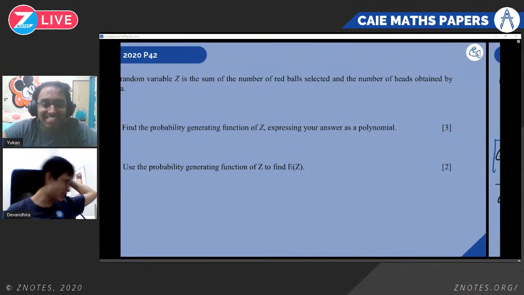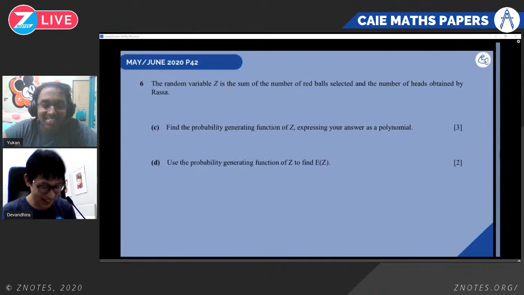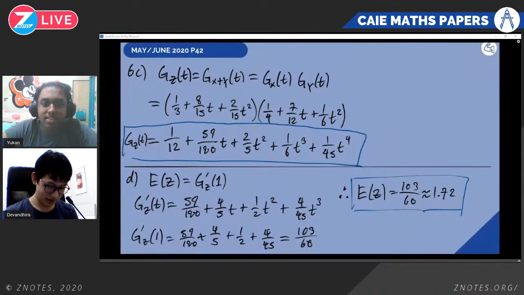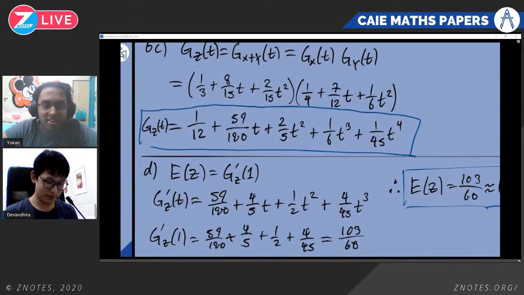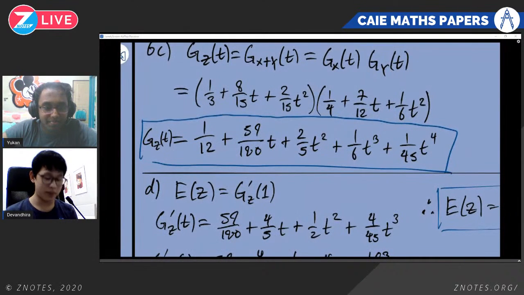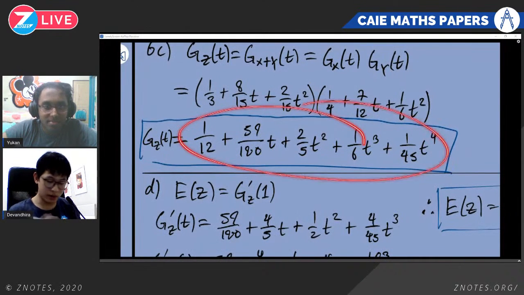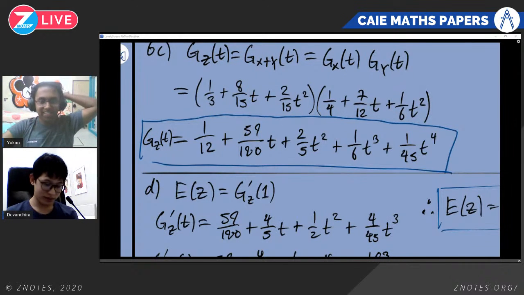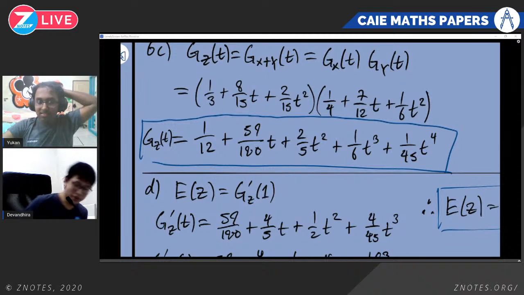Don't draw your tables, please. Don't waste all that effort. Also, if you were wondering, for that polynomial you could factor out 1 over 180. That's what the mark scheme does, but it's not necessary. You can factor out 1 over 180 here, and all of this will be integers. Yeah, that is quite coincidental, but okay.